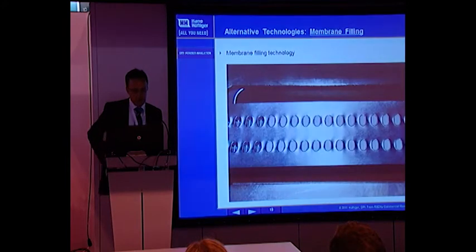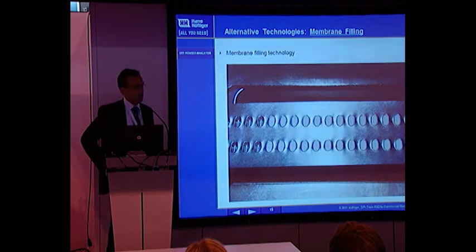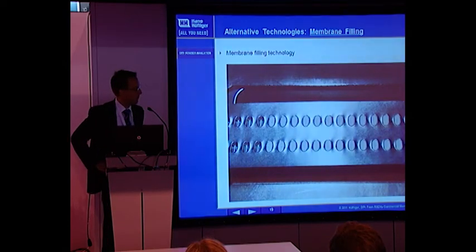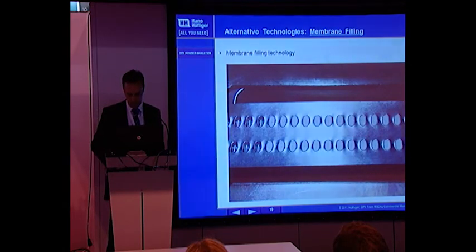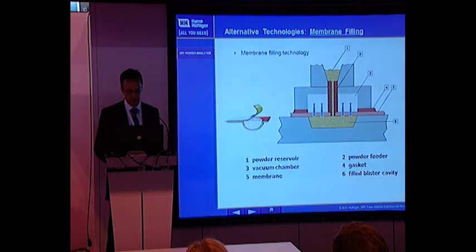And this is shown down here. This is a result of our membrane filling technology. You see, every blister cavity has been precisely filled, 100% up to the brim, and how it functions is rather easy.